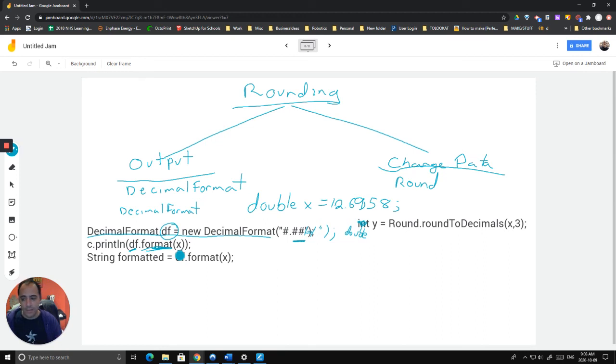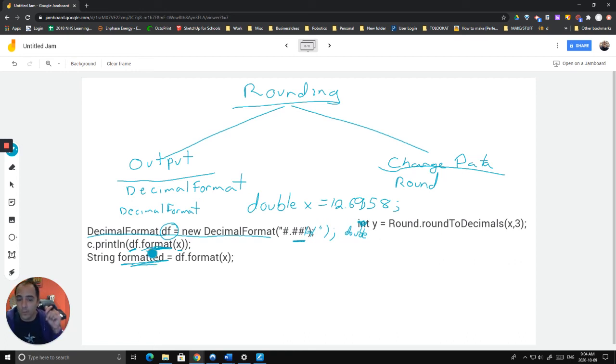The precision in x stays exactly the same. And so you'll notice that in this top one, I used it directly in a print line, which is great. Oftentimes you just want to print it. You don't need a variable around to keep track of it. But you could, if you wanted, store it into a string variable. And then you could then use that variable later on to do various things.